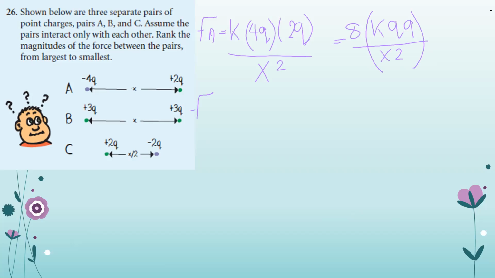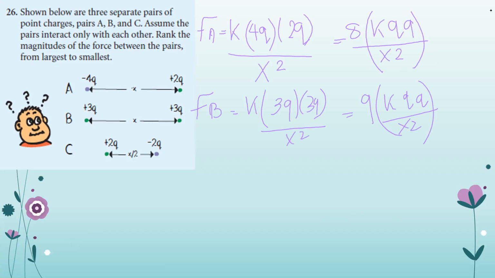Let's talk about F at B. It is K, 3Q times 3Q over X squared. That means it is 9 K Q1 Q2 over X squared.